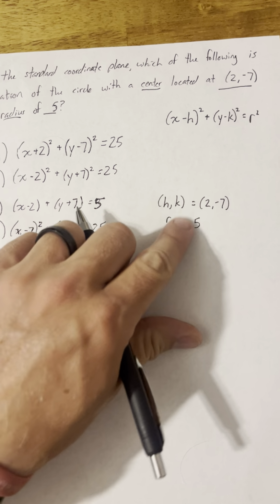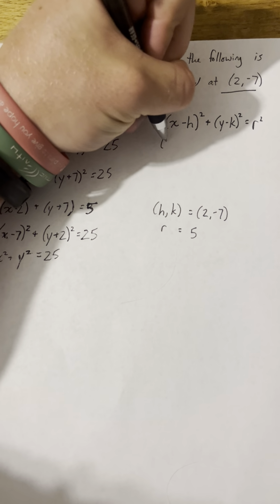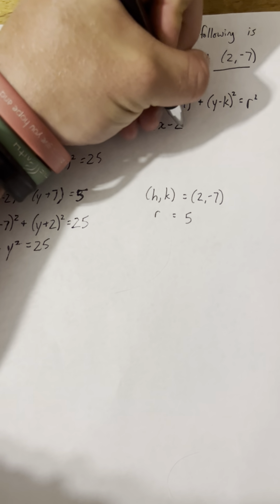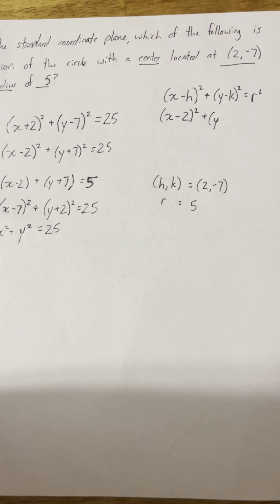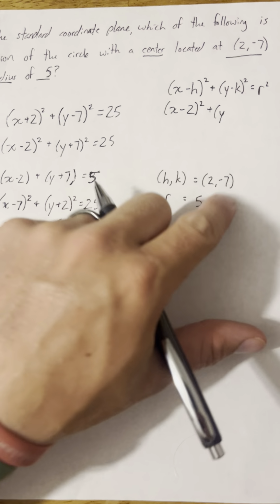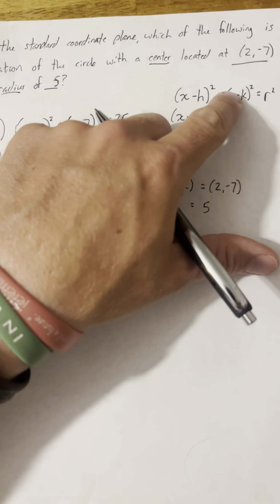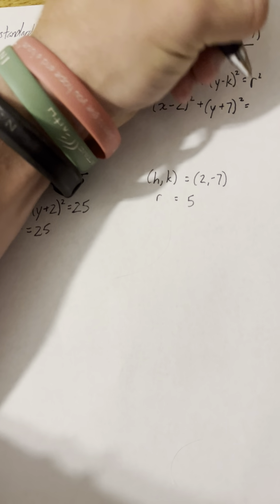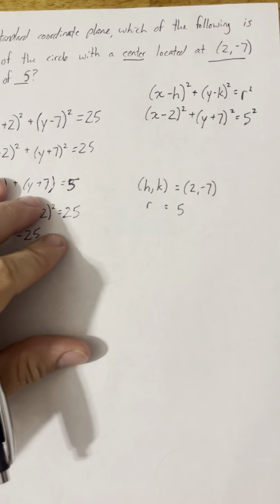Now I'm just going to fill in each number into my equation of a circle formula. So that becomes (x - 2)², my h is 2, plus, let's talk about this real quick, it's going to be (y - (-7))². So remember, back-to-back negatives make a positive. So minus -7 just becomes plus 7, squared, equals r², which is 5².